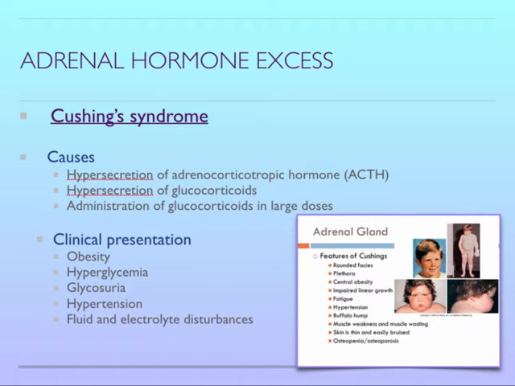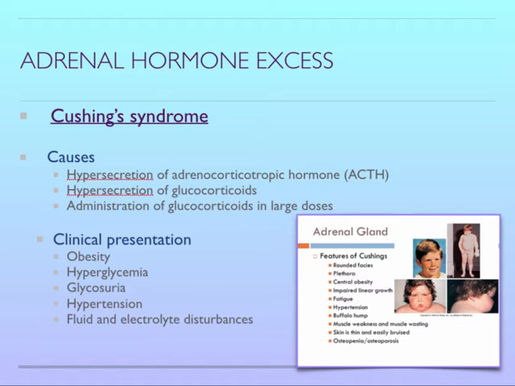So it could be something within the patient, or it could be some kind of medication that is inducing this. The patient will usually present with obesity, and a lot of times it'll be central obesity around the abdomen. A lot of times they have hyperglycemia, glucosuria because they're spilling glucose into their urine, hypertension, and fluid and electrolyte disturbances. So it goes along with all those factors that I already talked about.